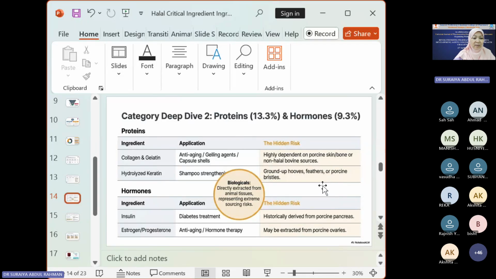In hormones, for example, insulin used as diabetes treatment is historically derived from porcine pancreas. So this is clearly non-halal and cannot be used by Muslims unless in a life-threatening situation. Estrogen and progesterone, used for anti-aging or hormone therapy, may also be extracted from porcine ovaries. Basically, any biological product directly extracted from animal tissues represents an extreme risk for the halal status of the ingredient.